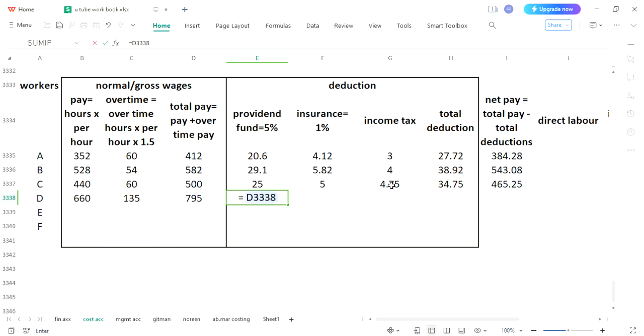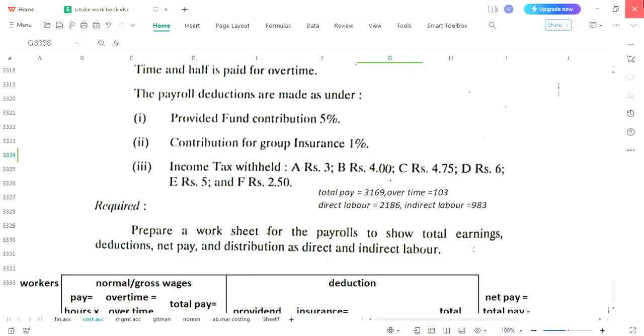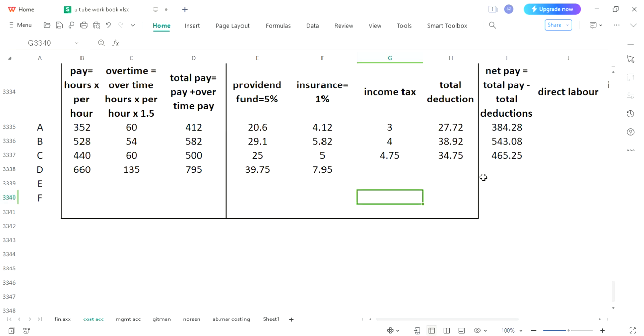Provident fund is 5% and insurance is 1%. Now income tax, we will see from the question. For D part, income tax is 6. Let's put it down, 6.